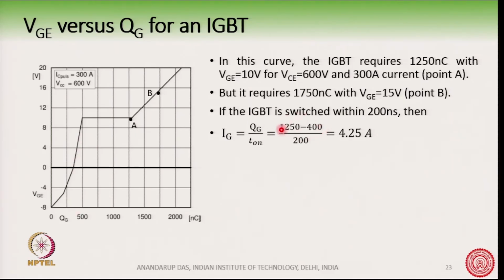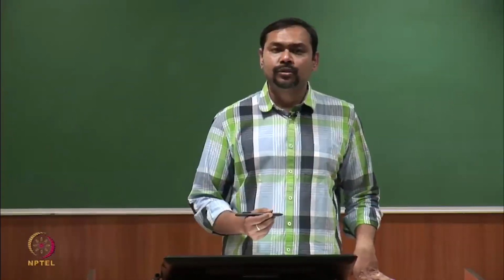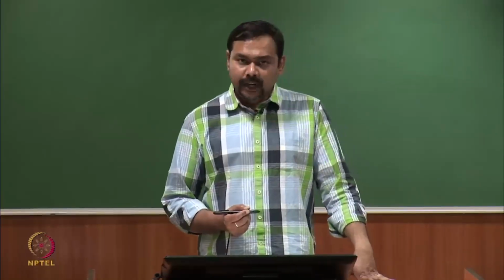So, 1250 minus 400 divided by 200 nanoseconds is 4.25 ampere. This will be the average current required from the gate driver circuit. Many people use this to calculate the driving capability of the gate driver circuit.